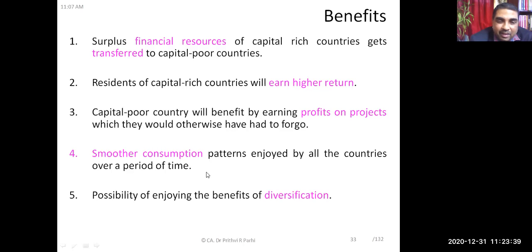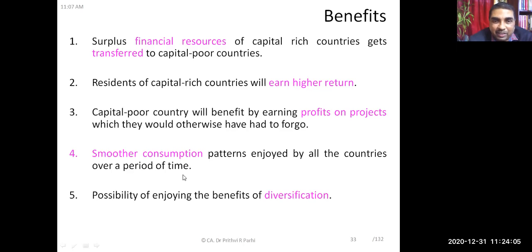Yes, sir. And the possibility of enjoying benefits of diversification. So when various functions of your business get diversified, let us say you are selling at one place, now you're exporting to multiple countries, there's a possibility that you will be enjoying more profit, and also your risk is reduced.